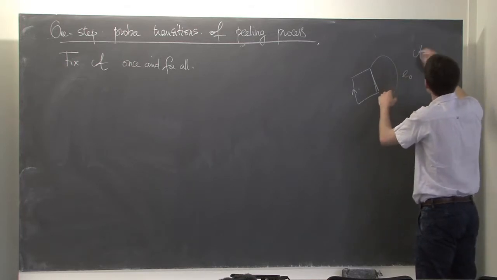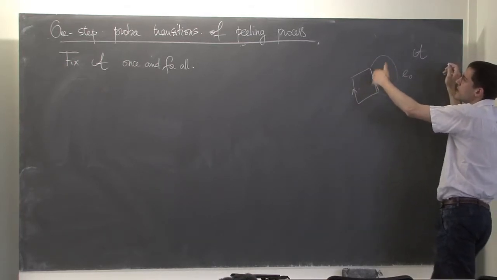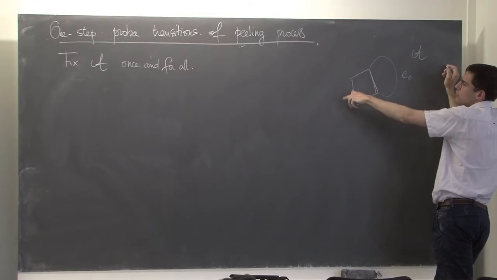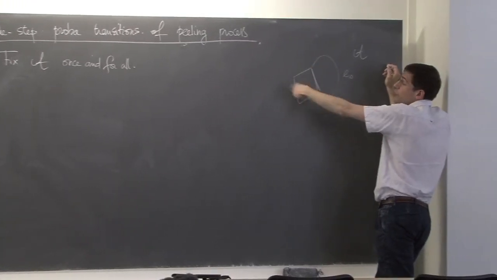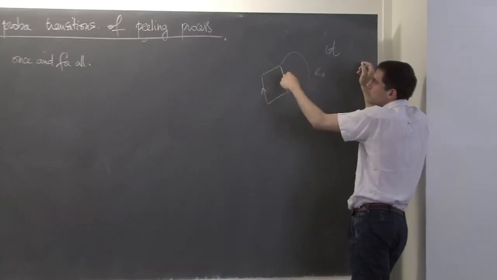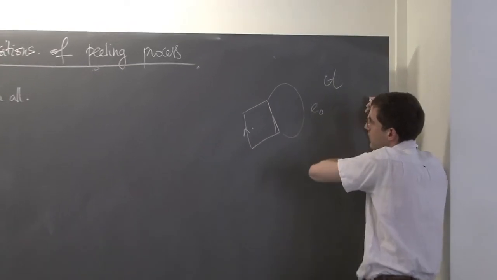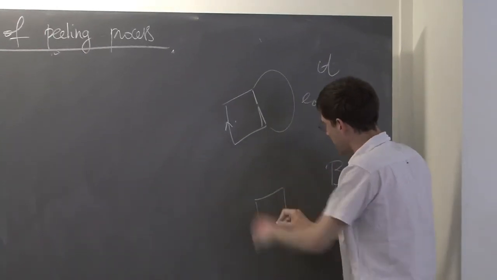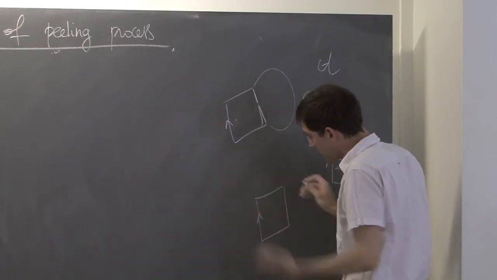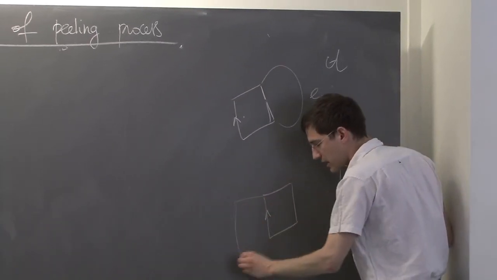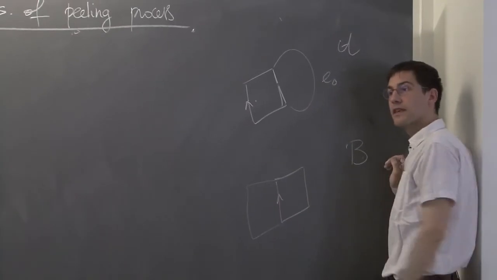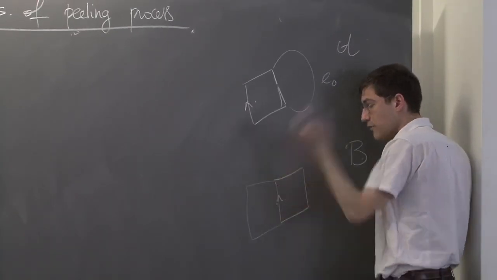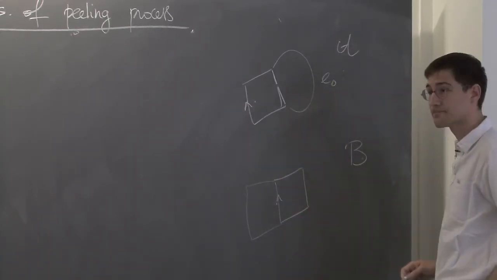That's peeling algorithm A. Maybe A is you peel the edge, which is you turn clockwise or counterclockwise, and you wait 2 steps, and you take this one. That's the first algorithm A. Now take algorithm B, which at the first step you still have the root face, but at the second step you peel the guy which is on the left of the root edge. You peel the root edge.